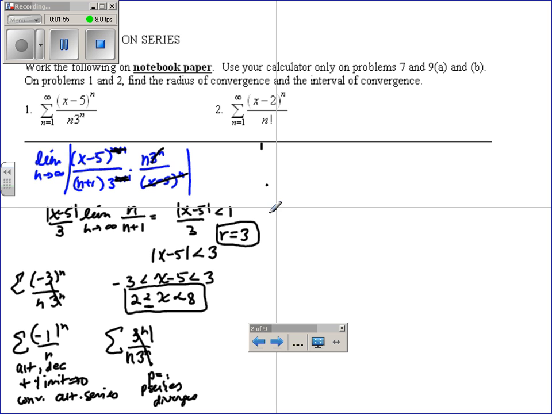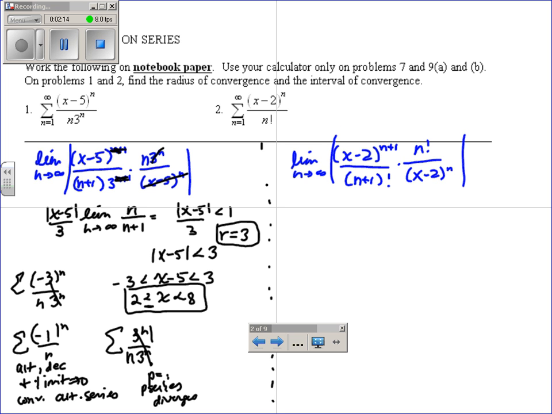Very similar process for the next guy. We take the limit again as n goes to infinity of x minus 2 to the n plus 1 over n plus 1 factorial times n factorial over x minus 2 to the n. And so again we cancel things, and we're left with x minus 2 over n plus 1.